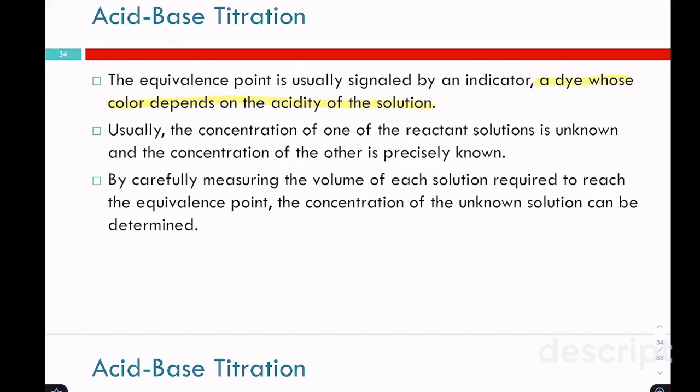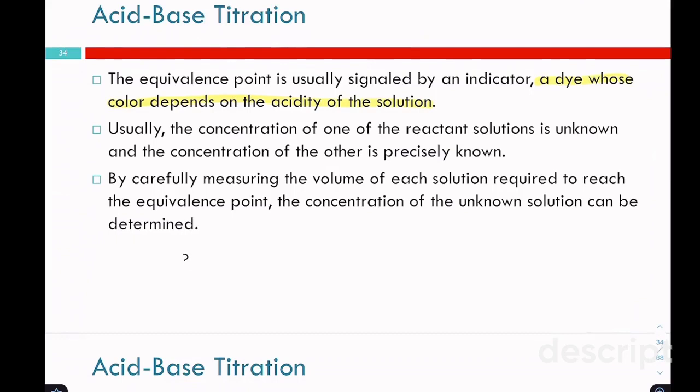So if we know that, let's say we add 0.030 liters of sodium hydroxide, and the sodium hydroxide is 0.110 molar NaOH. Multiplying those together will tell us the number of moles of sodium hydroxide that's been added.